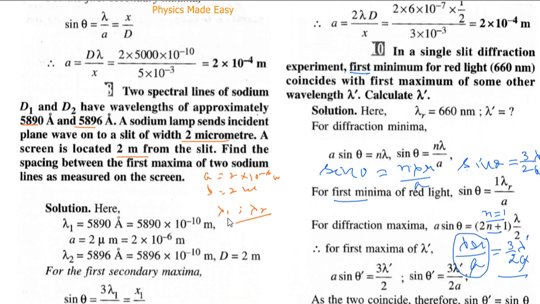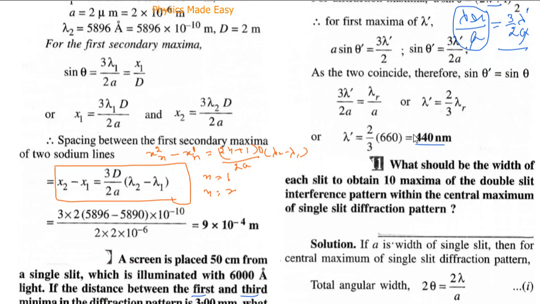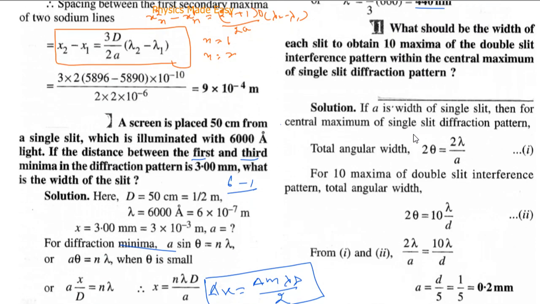So nothing new, very easy problems, and we have picked up only those problems which are relevant and upon which questions have been asked in the recent past and not in the remote past. Let me go to the next problem.